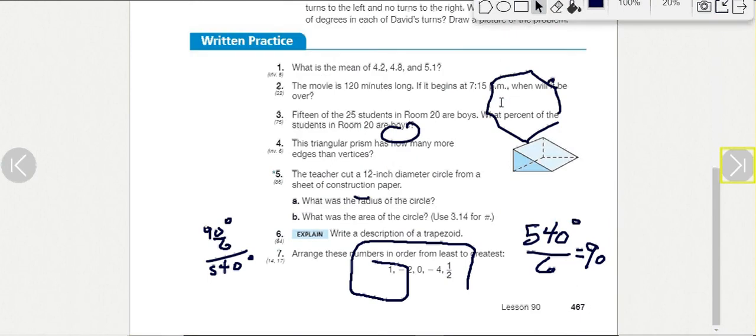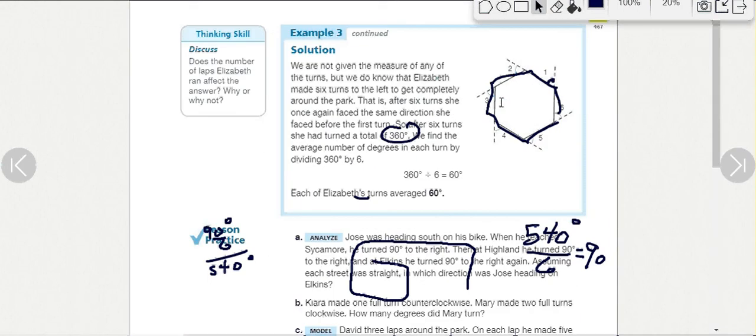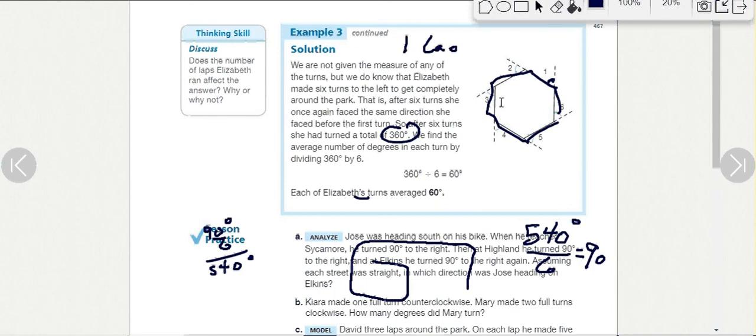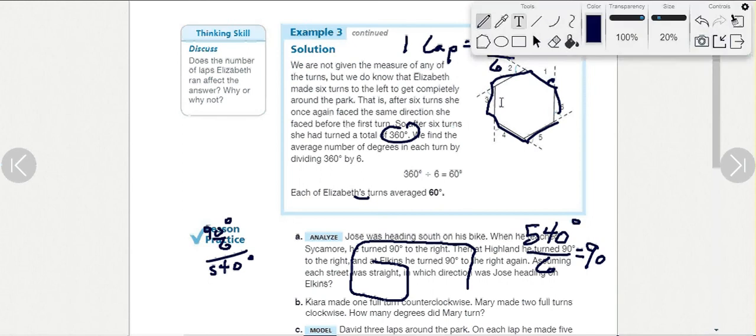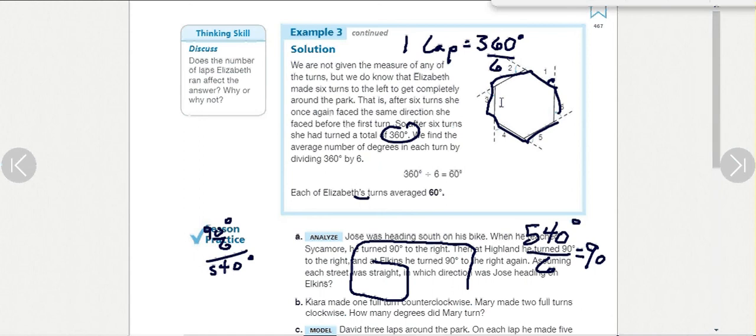So each lap is 6 turns. That's a confusing way to write it. One lap is 6 turns. One lap, therefore, is going to be 360 degrees. It just depends on how you read it. And if that's the case, 360 divided by the 6 total turns, quick math tells me it's going to be this 6, right? And then add the 0, 60 degrees.